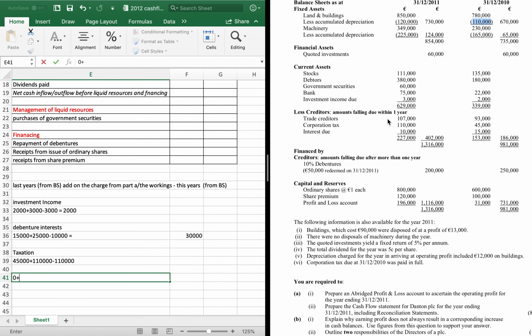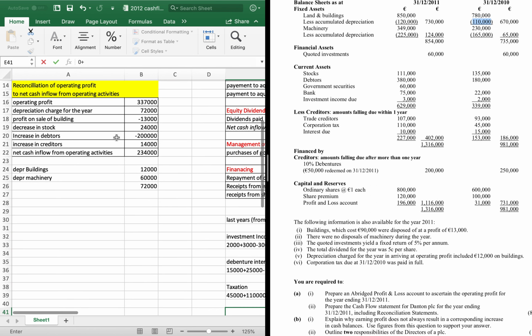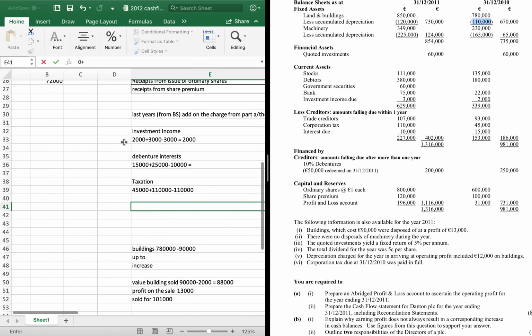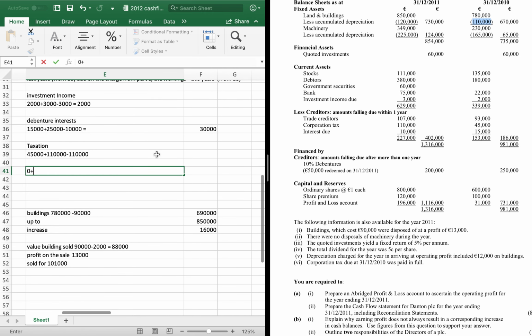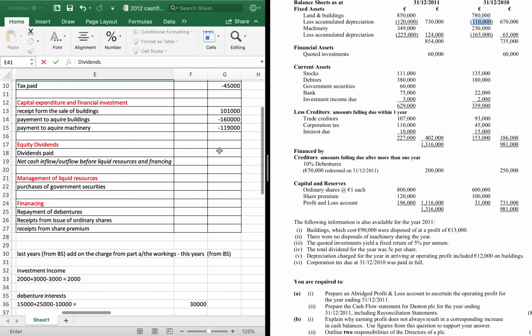So it's last year's plus the charge. We worked out the dividends charge, if you remember, in part A to be 40,000. So it's 0 plus 40,000. And again, there are no dividends due at the end of the year, so minus 0. So the answer is 40,000. Okay, so our dividends paid during the year is 40,000.